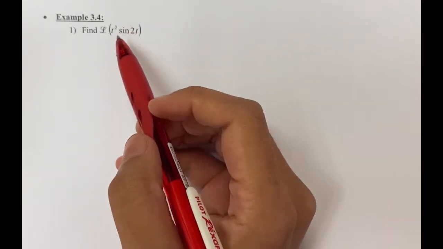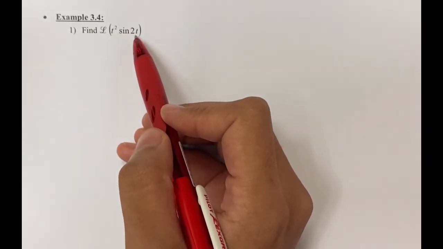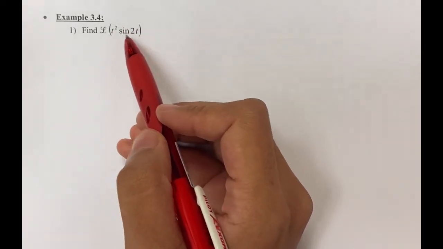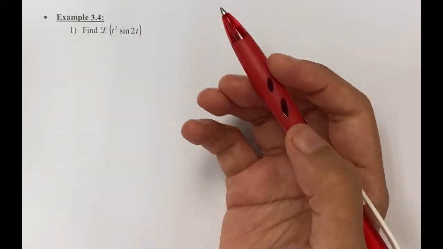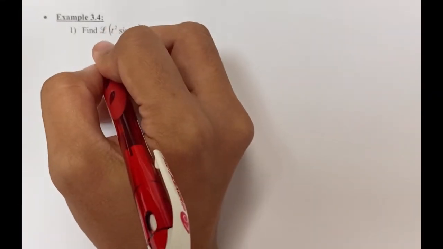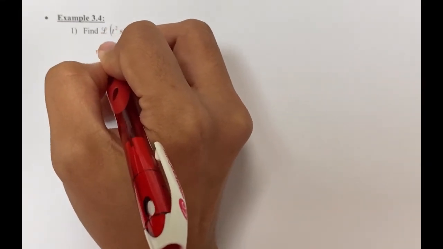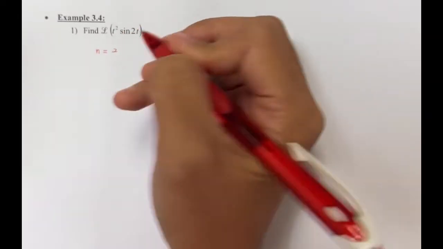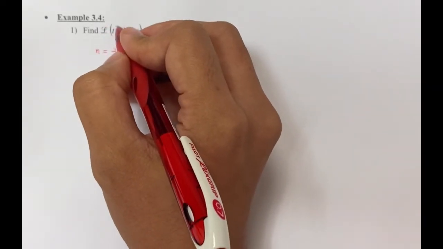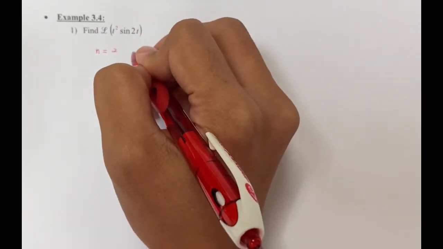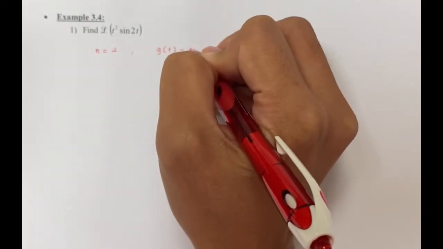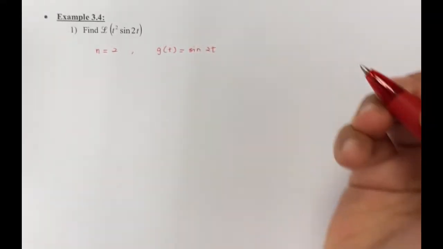Example 3.4, we have to find the Laplace transform for t squared sine 2t. So now our function is a product of t squared and sine 2t. First, start by determining your n. In this case, n is equal to 2, since we have t to the power of 2. And g(t) is equal to sine 2t.